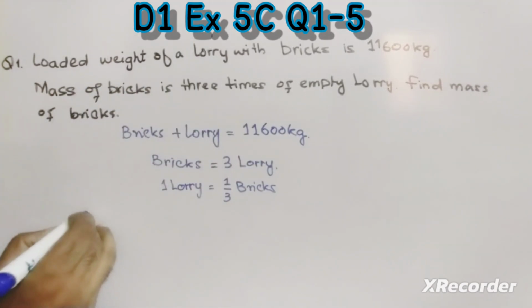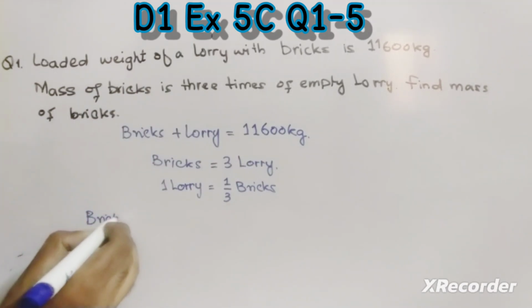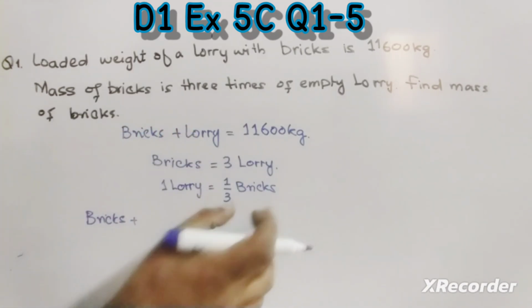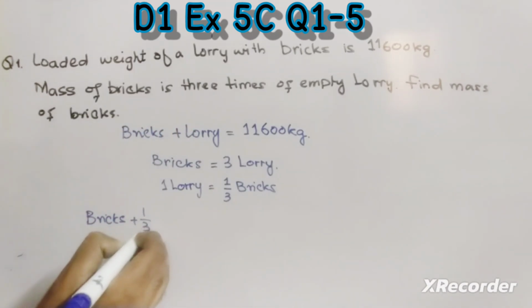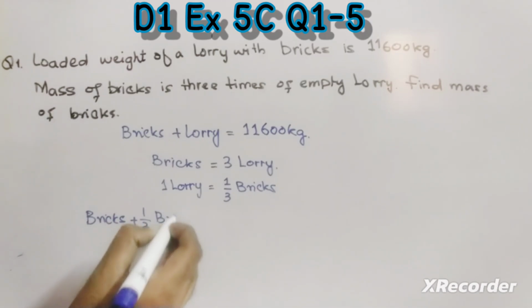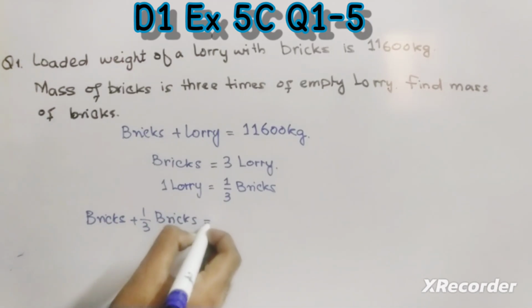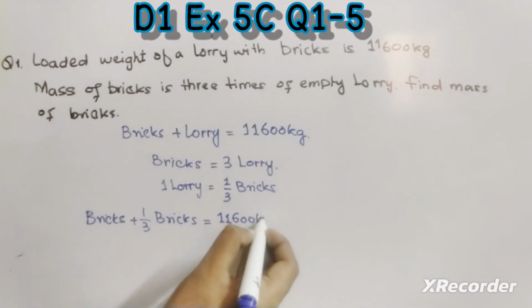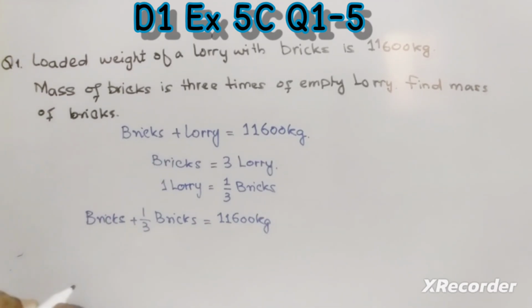What we get is bricks plus 1 upon 3 bricks equal to 11,600 kg.